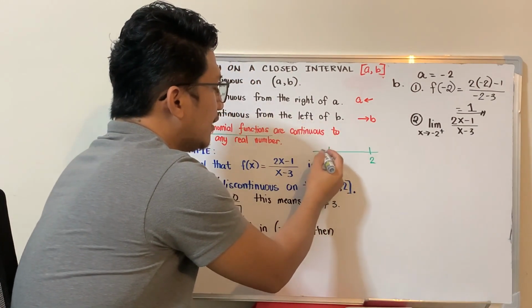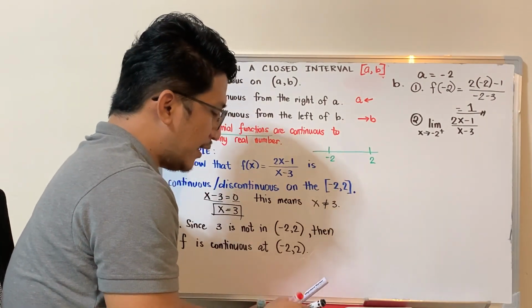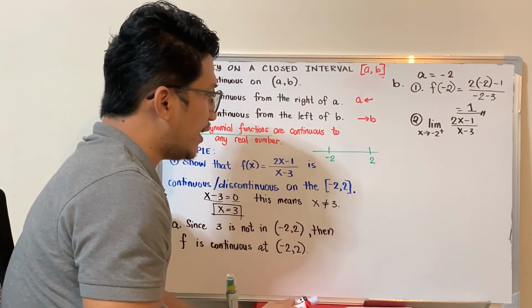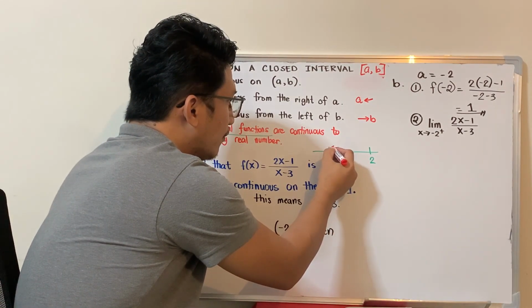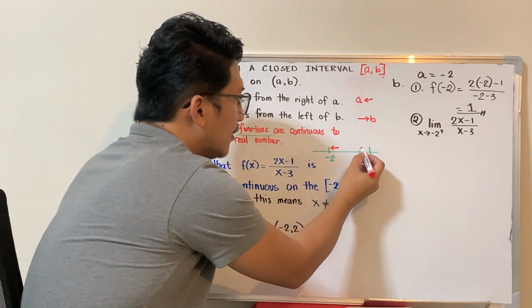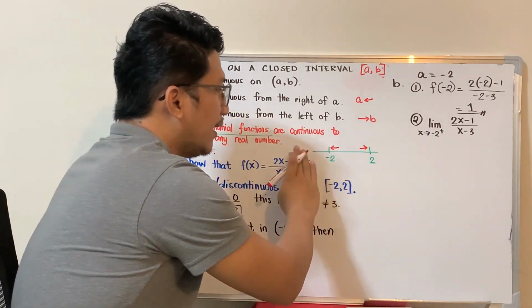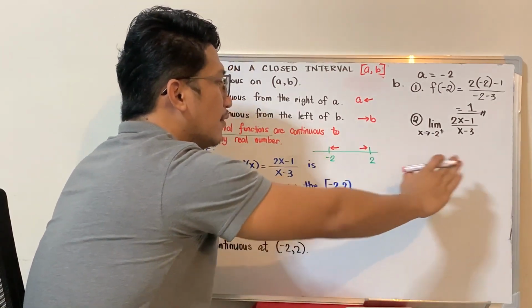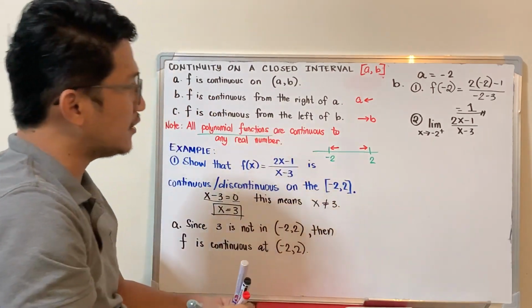We don't care about the numbers outside. So we check if it is continuous going to negative 2 from the right, and if it is continuous going to positive 2 from the left. That's how we do it.